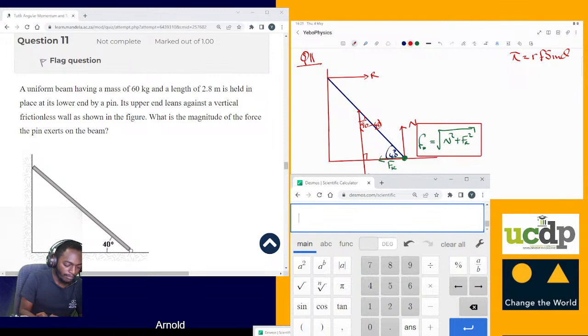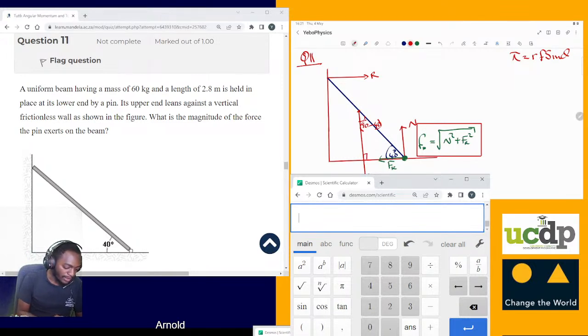And we should remember that this system is in equilibrium, so the sum of forces in the x should add up to 0, and the sum of forces in the y should add up to 0.